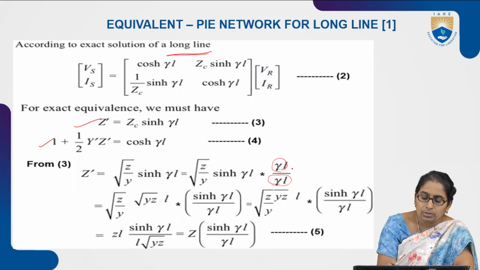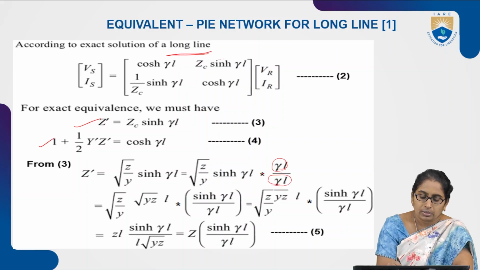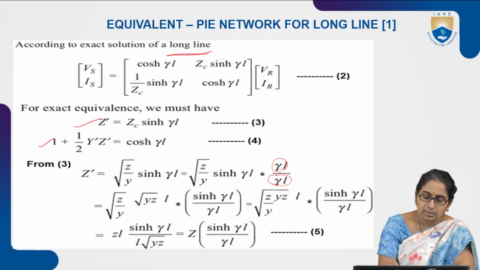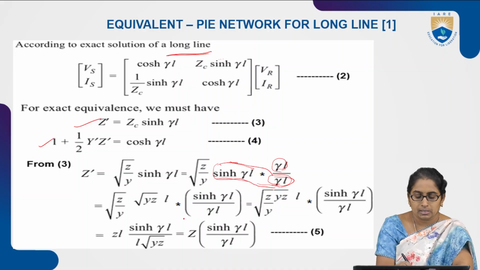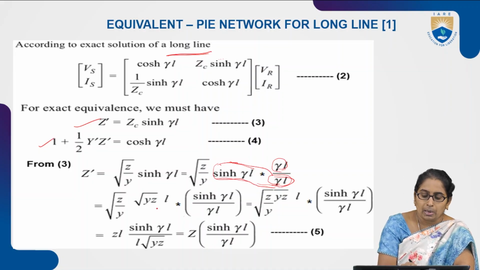Write sinh gamma l by gamma l at one place, and the next step is into gamma l.